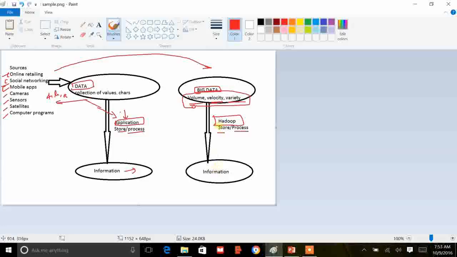Hadoop is a single complete framework in itself. It's not an application, it's a set of tools which can store and process the data effectively, which our current applications are unable to support.